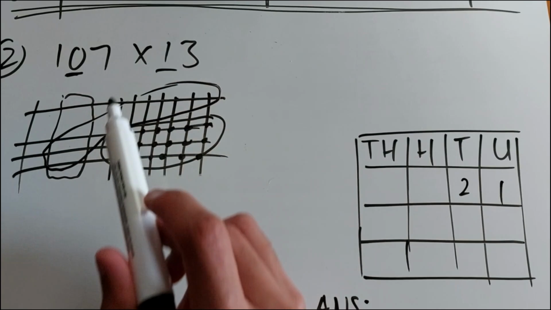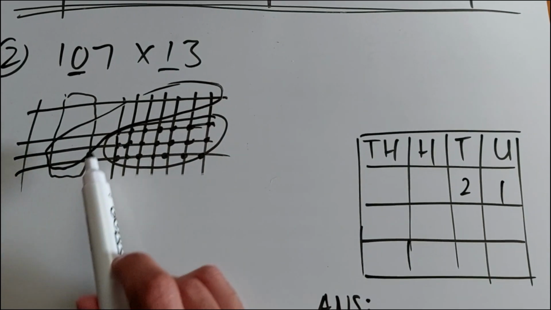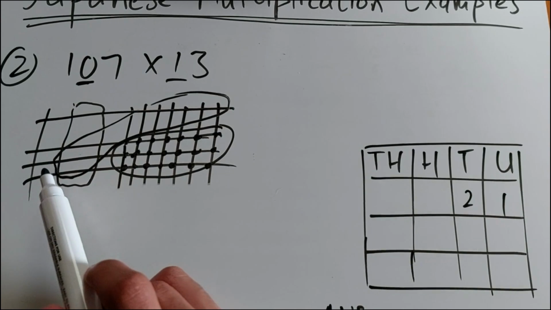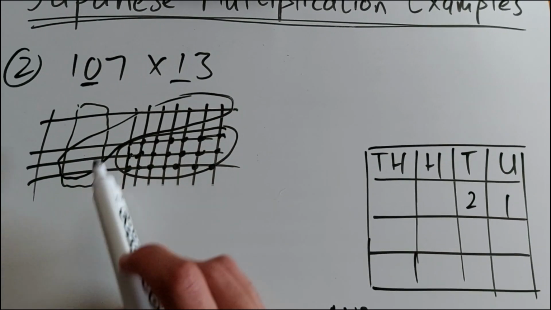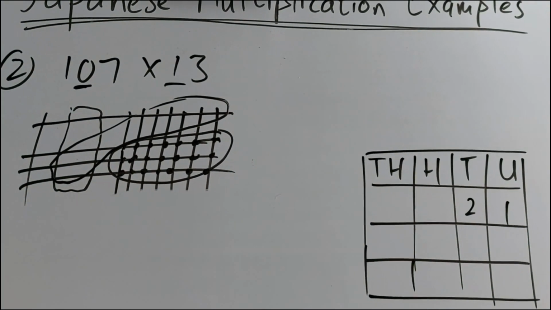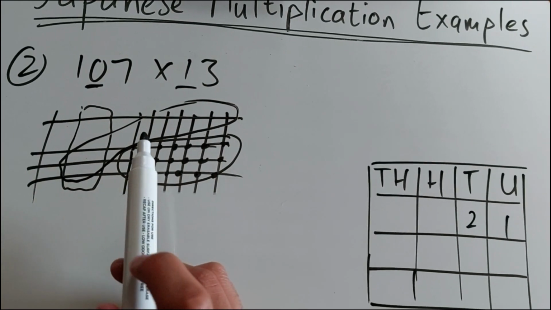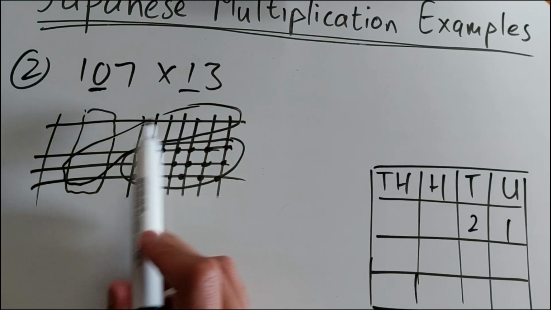We take into account our 0. Our 0 is indicated by this block. So we count our cross sections of this diagonal.